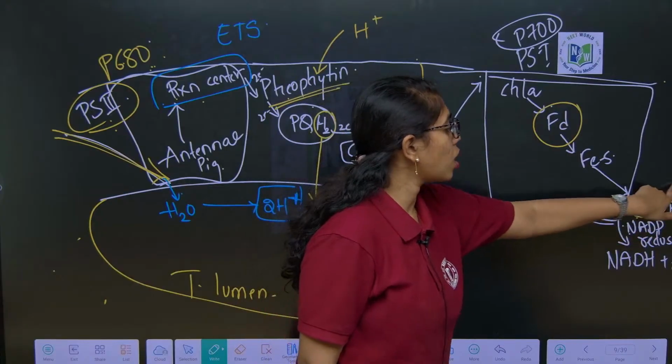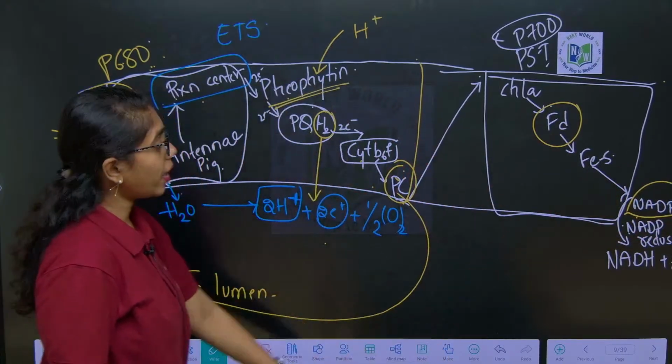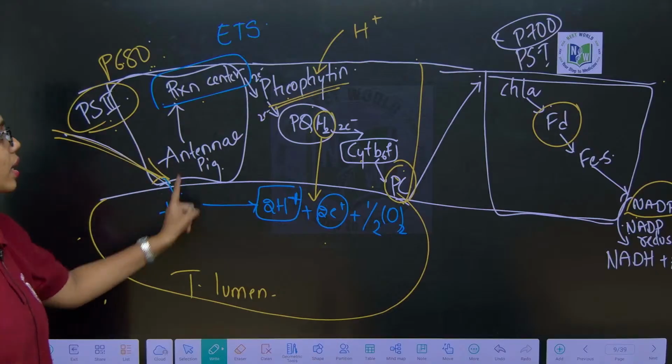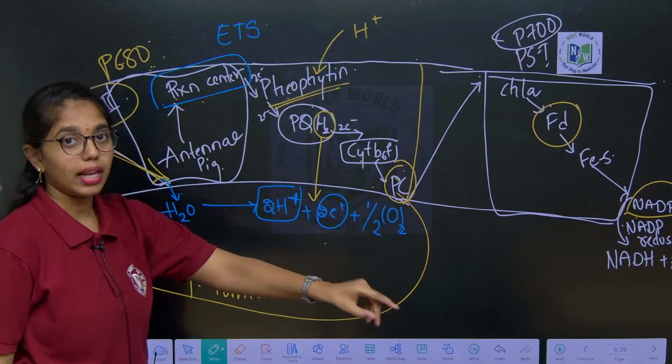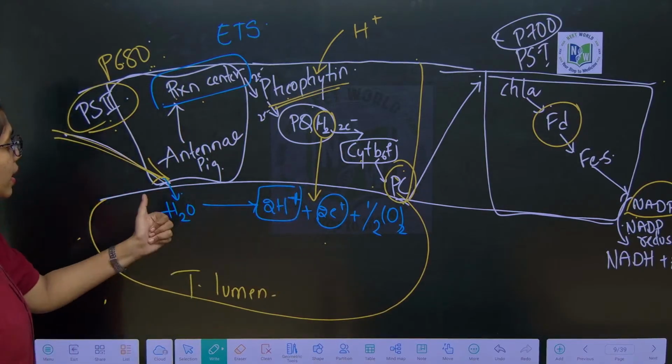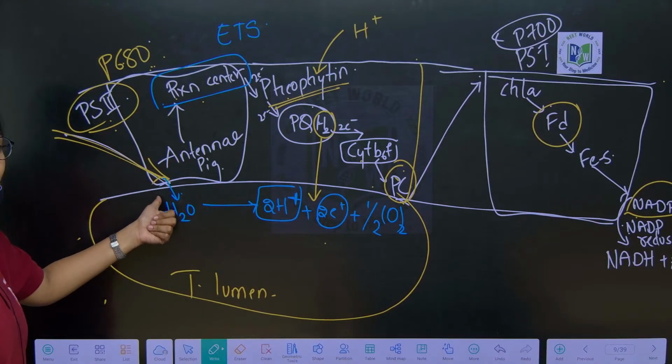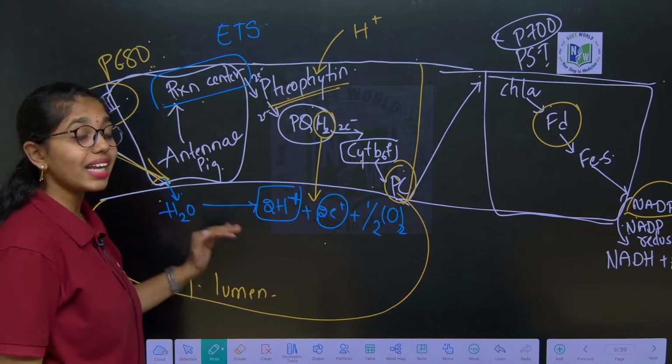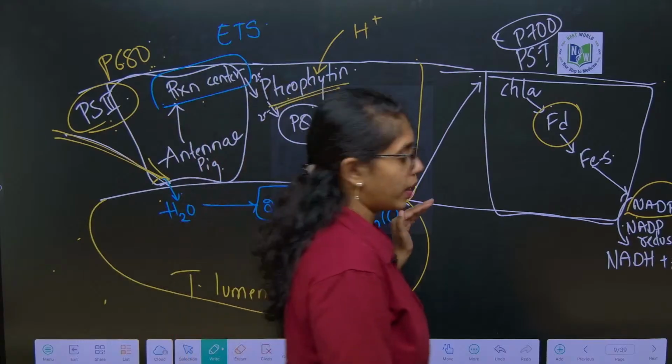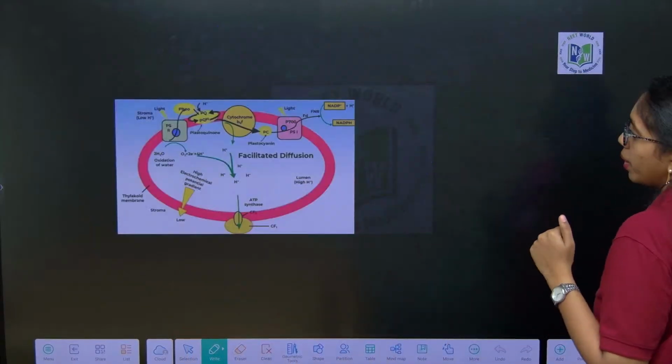Okay, this is called the Z scheme. Fine. And here you have to remember what is uphill and downhill. And where is photolysis of water happening? That is towards the inner side of the thylakoid membrane, inside the thylakoid lumen. This is what you have to remember.